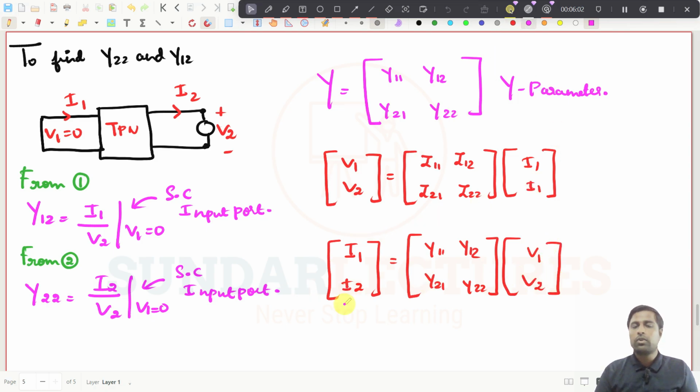See, one thing you try to understand: if you are bringing it to the other side, then this is I2, right?